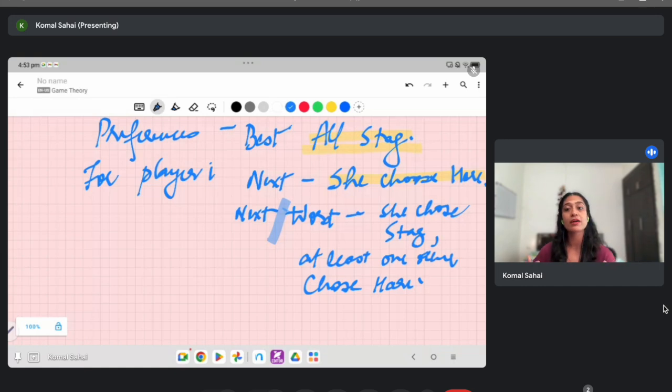And if she is the one who is stuck coordinating while someone else gave dhoka, then that's the worst outcome for her. So of course the best outcome is when everyone works together and gets the stag. But if even one cheated, then for any player i, the preferred outcome is that she is part of that dhoka giving gang rather than being stuck in the coordinating gang, right?